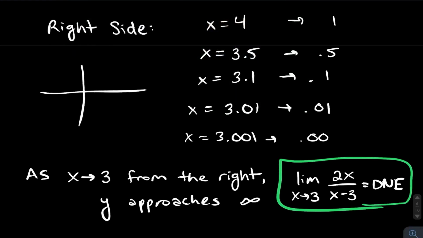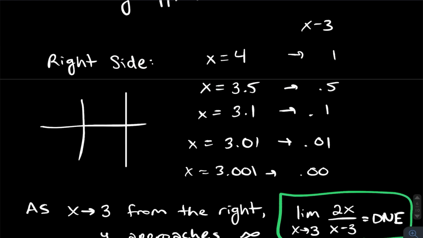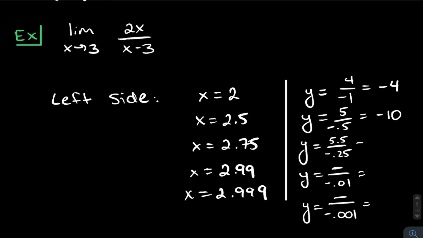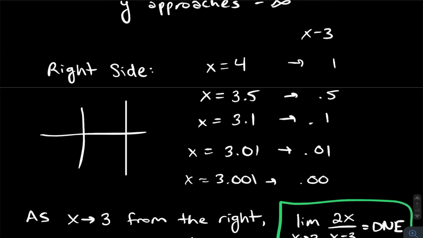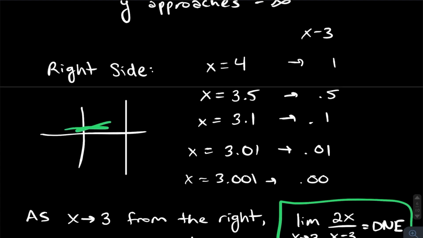This graph, here's x equals 3. I don't know exactly what this graph looks like with the 2x part, but at least we know now that as we approach 3 from the left side, this thing is going to go down to negative infinity, and as we approach it from the right side, it's going to go up to positive infinity.